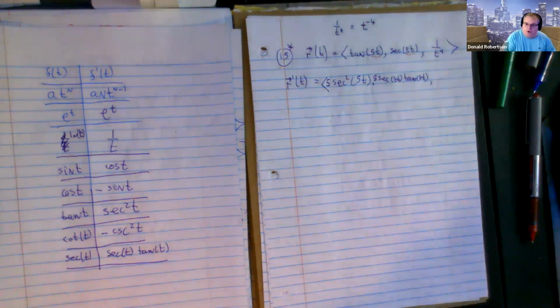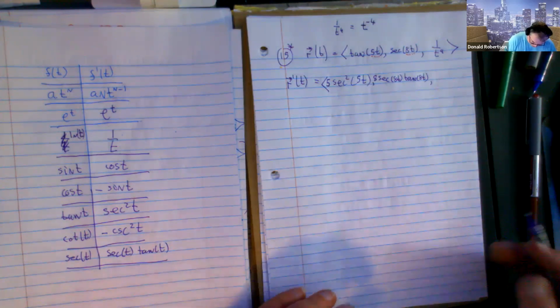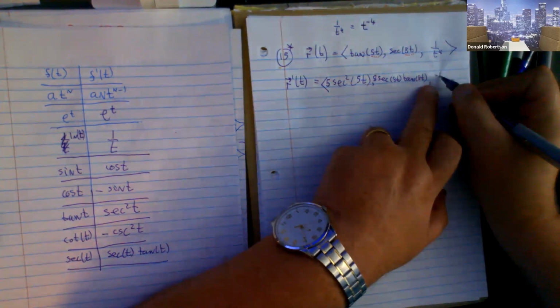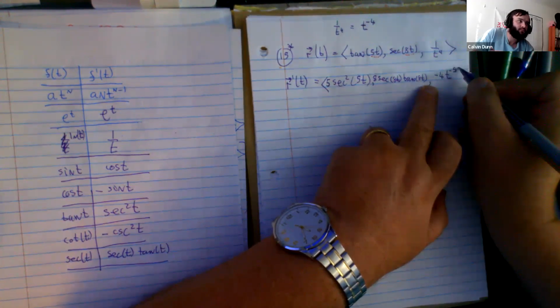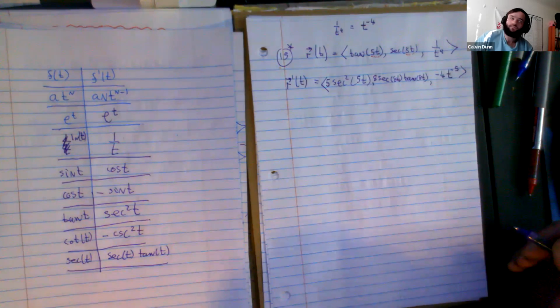And 1 over t to the 4 is t to the negative 4. Great. So now I can do the power rule. Multiply by the power and reduce the power by 1. Agreed?